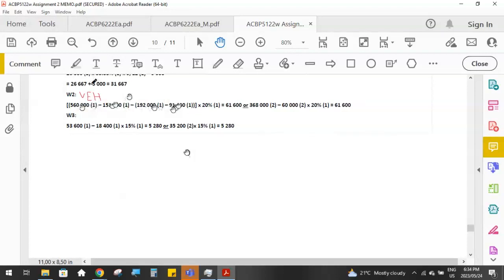So that will give us the ACDEP for only those vehicles that we owned for the whole year. So we've got then cost for the whole year minus ACDEP for the whole year, giving us carrying value for the vehicles that we owned for the entire year times 20%. Okay, that equals 61,600.